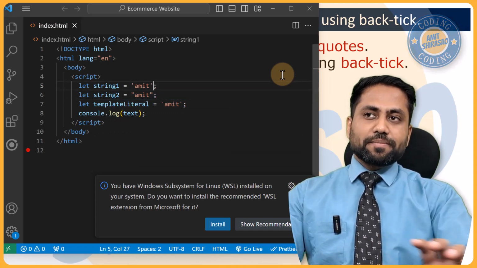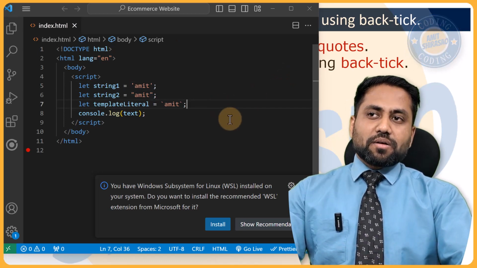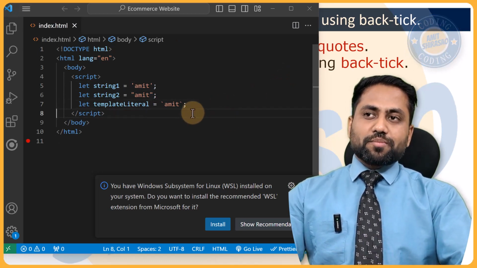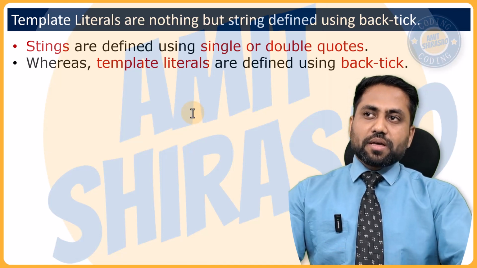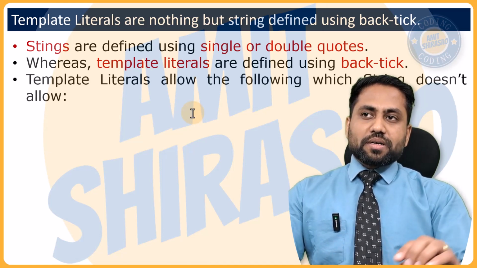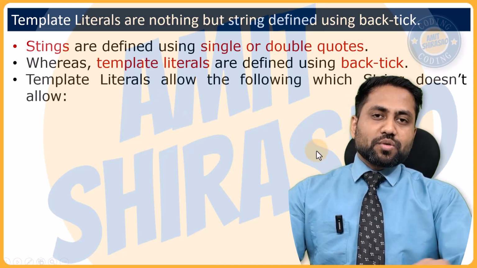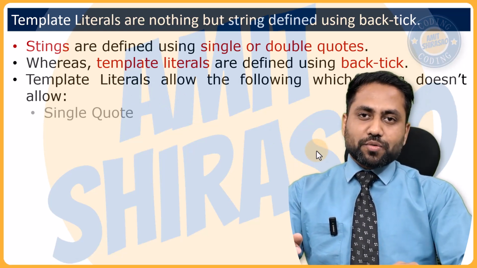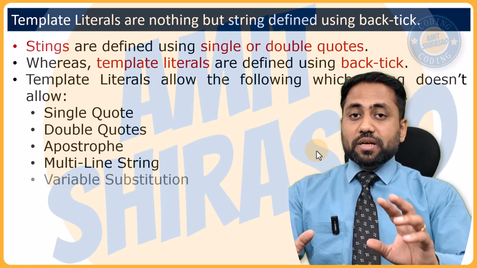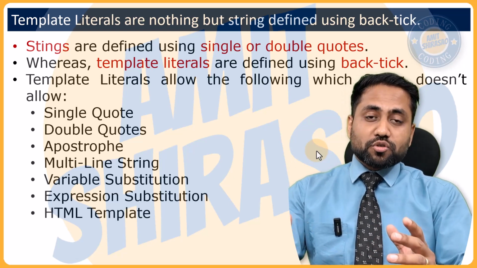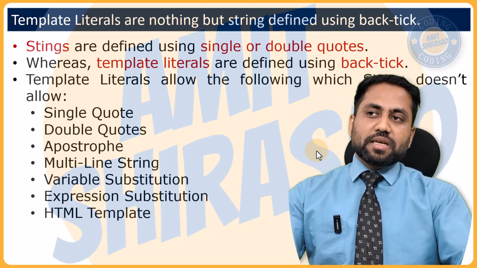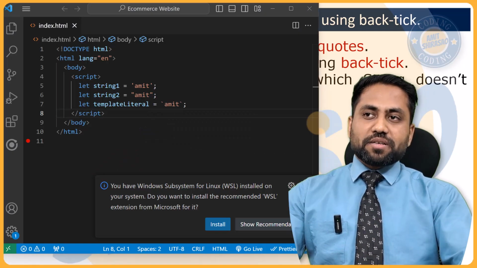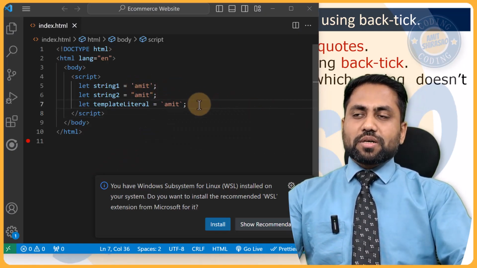Okay, got the idea? Now, why do you want to use template literals? Template literals allow you to do the following things which a string doesn't allow you. First, you can use single quotes, double quotes, apostrophe, that kind of things in a template literal. For example, here let me just console this out.